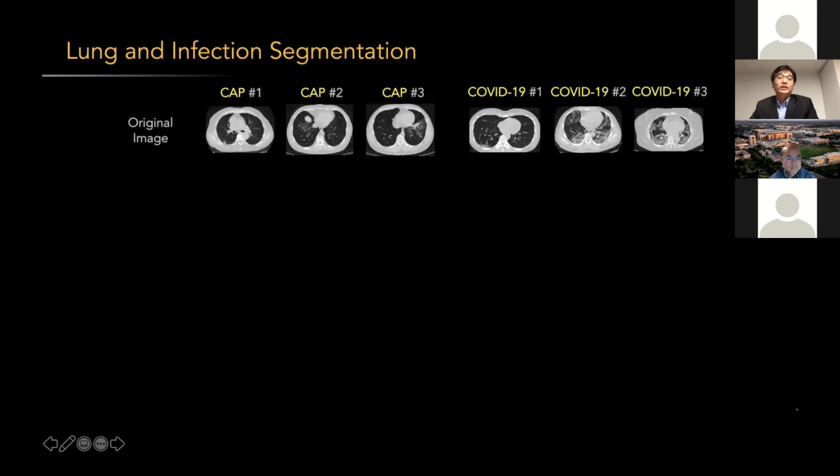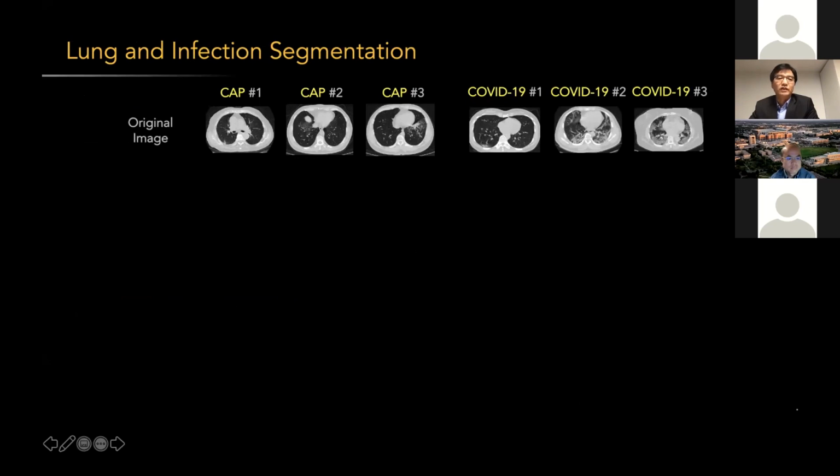So in this slide, I just want to show you that to do this kind of diagnosis, we are going to use the technique I talked about in my first part, which is work on segmenting infection and also segmenting lung or other structures. Here I select 3 CAP subjects and 3 COVID-19.